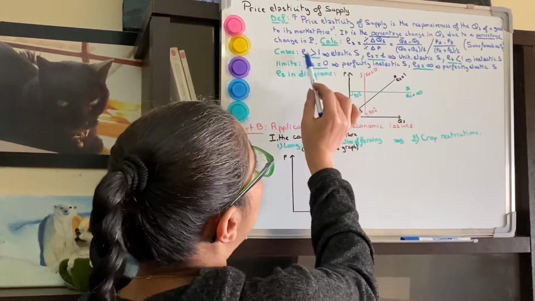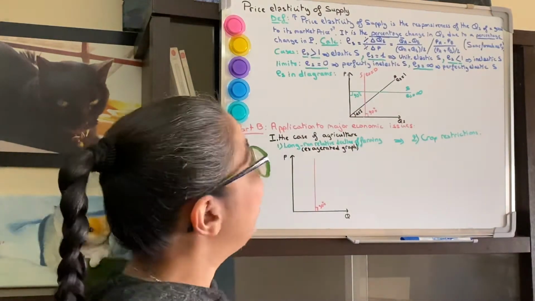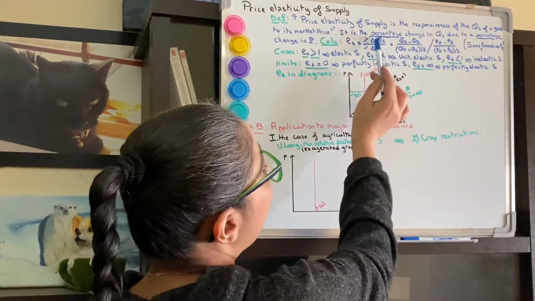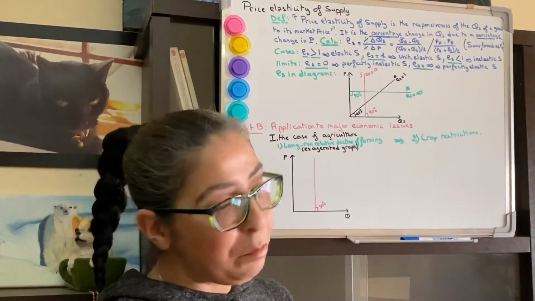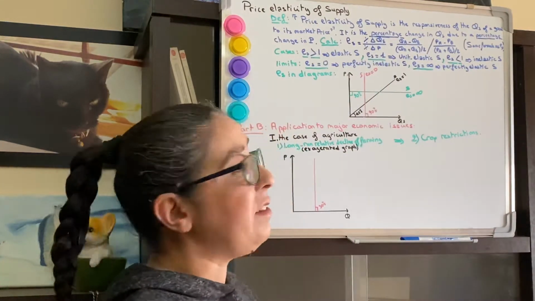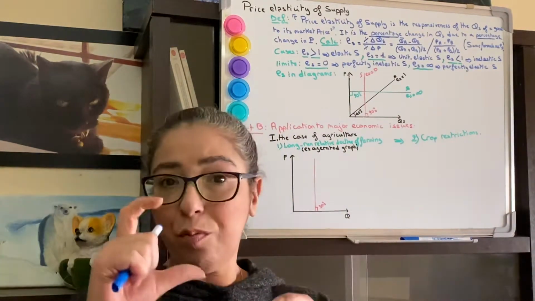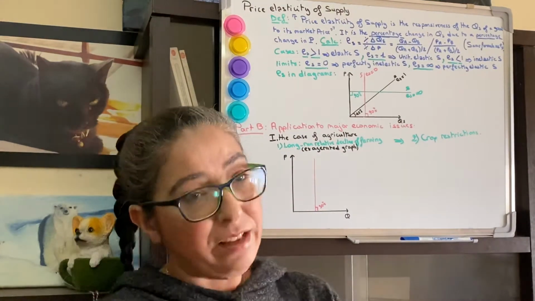The cases are exactly the same as for the demand. If the elasticity of supply is higher than 1, it's elastic. That means the percentage change in quantity supplied is bigger than the percentage change in price. If elasticity of supply is equal to 1, the two changes are proportional, so it's called unit elastic supply.